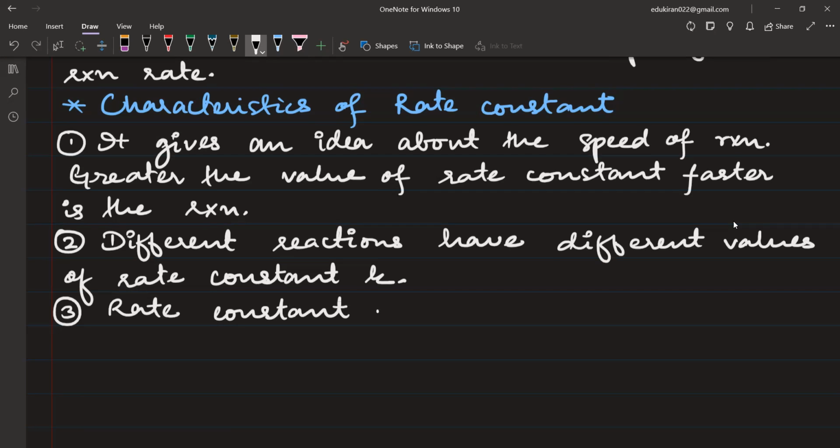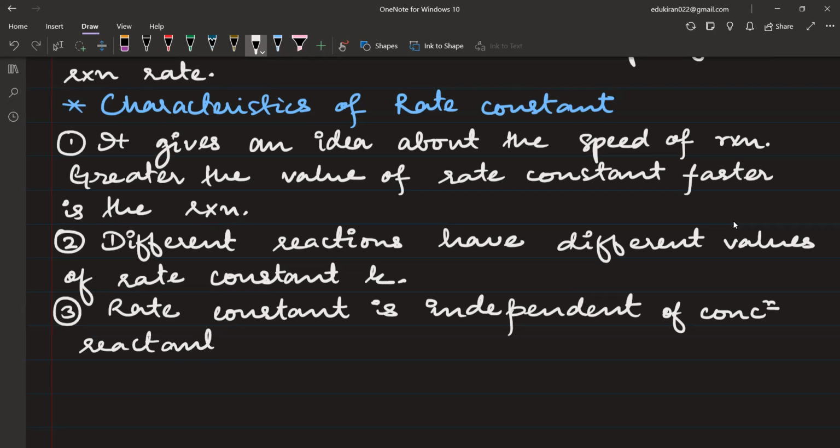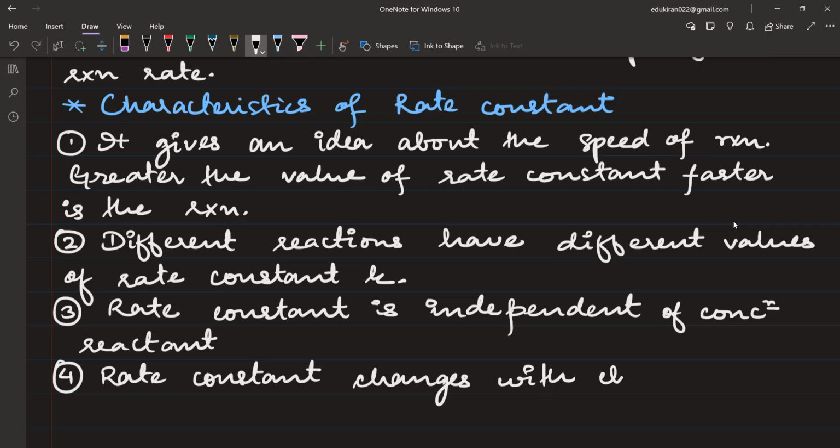Rate constant is independent of concentration of reactant. It will only depend on the temperature. Rate constant changes with change in temperature.